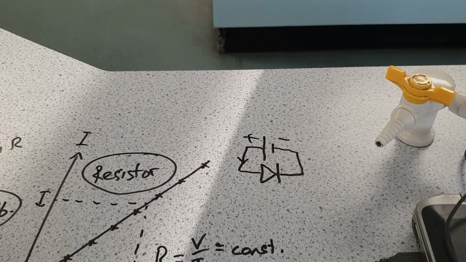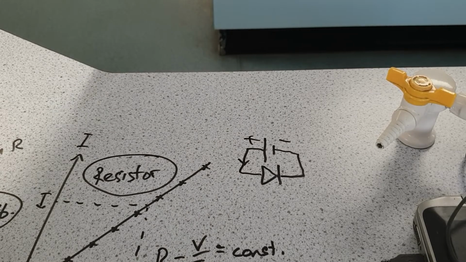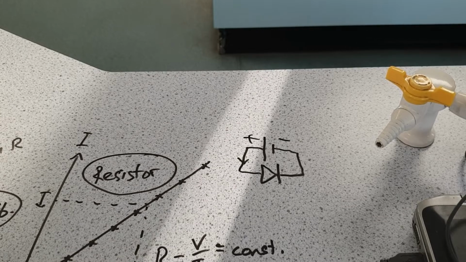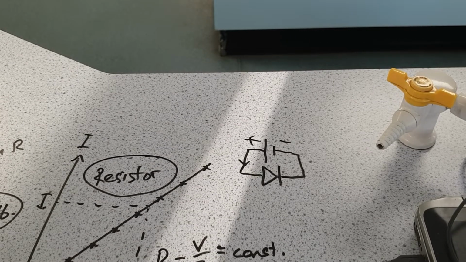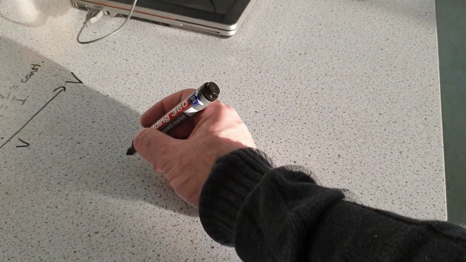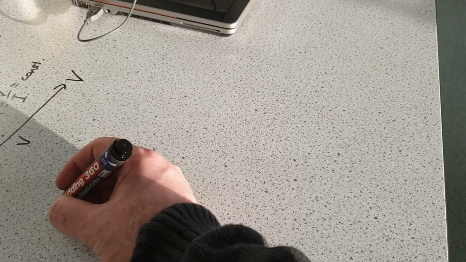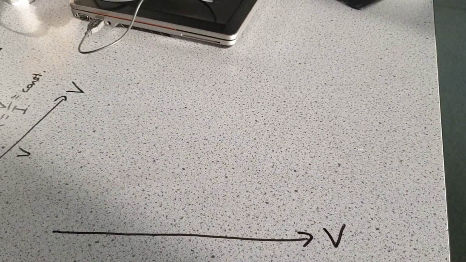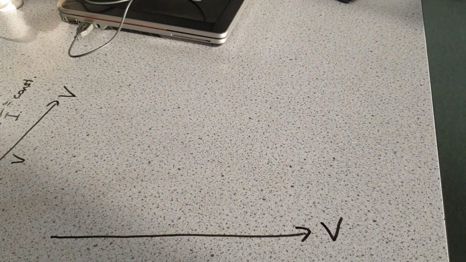Now I could do an experiment just like with the bulb and the resistor to look in detail at what happens if I change the voltage slightly, what happens to the current that passes through the diode. And the diode would look like this on a voltage current diagram. So I'm going to do the same thing I did before. I'm going to plot voltage on the x-axis.